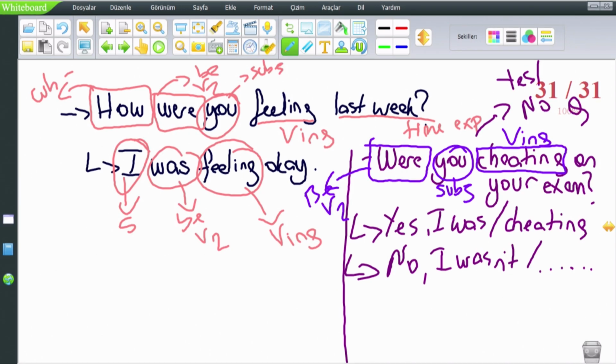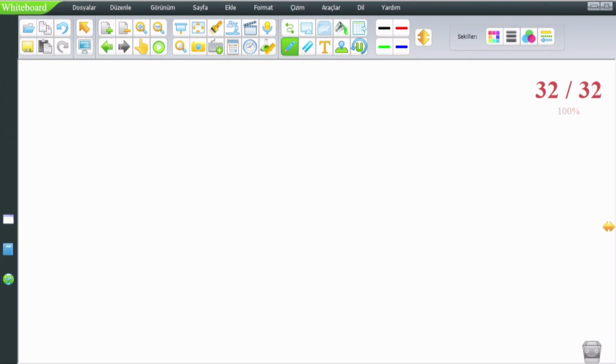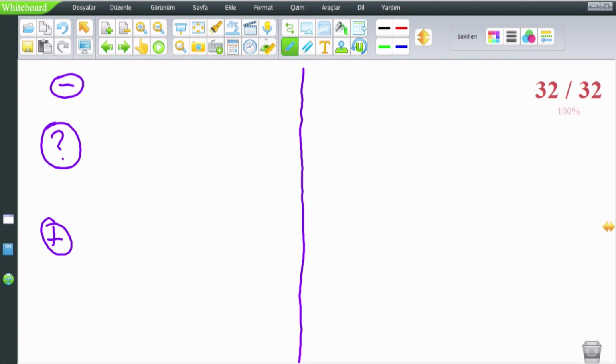When it comes to here, think of it like an affirmative full sentence, subject, be verb to form, and verb ing. Let's quickly do a chart, and then we will talk about how we combine past simple and past progressive.